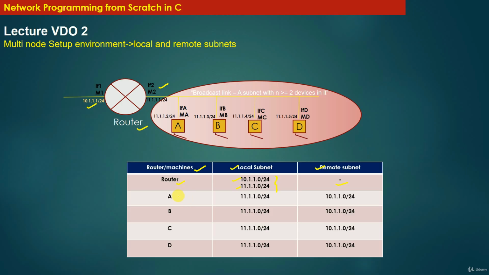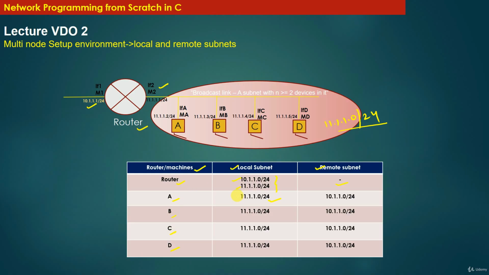Similarly, for each of the machines present in this topology, you can see that the local subnet for each machine is 11.1.1.0/24. That is, this shaded region is a subnet, and this subnet is 11.1.1.0/24, and it is a local subnet with respect to machines A, B, C and D. Why are they local subnets?